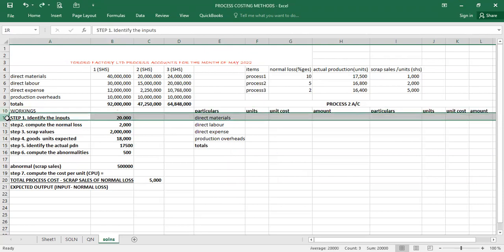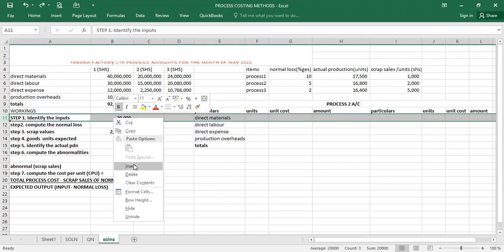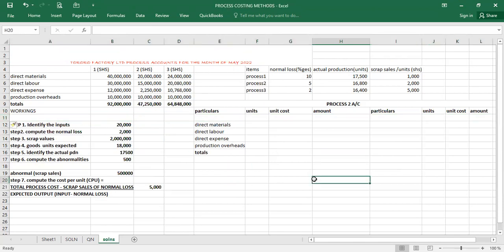We are supposed to insert from here so that it becomes upwards. Yeah, like that. Here is where we are going to put our process. Now here we are putting process one. The reason why we are putting process one is because this is where the information is coming from. It is coming from process one.